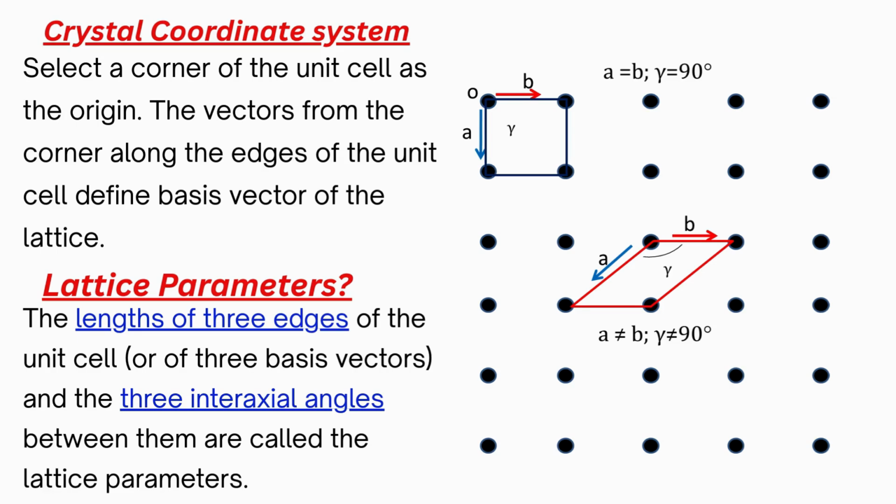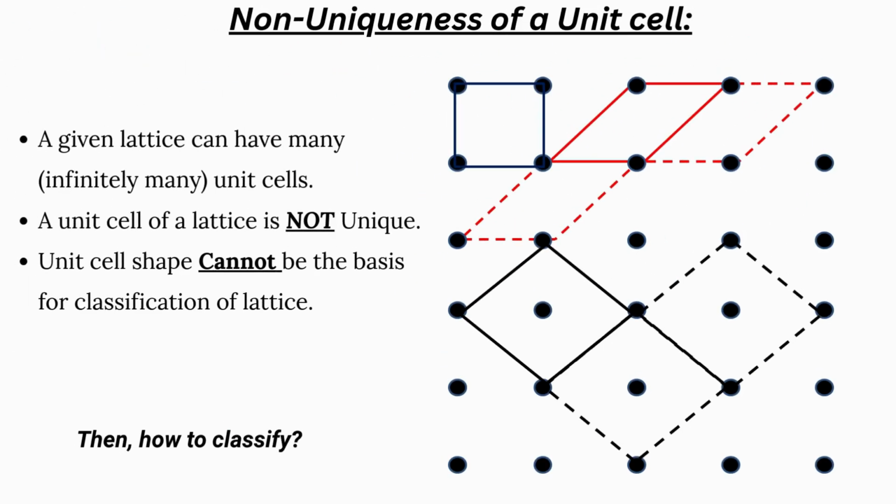This kind of classification we should not use to define a crystal system, because the crystal system is not defined by the lattice alone; an atom must also be present in the lattice. So the crystal system is nothing but lattice plus atom, since it is not valid to define it with a lattice alone. And very interestingly, why should we not define a lattice by its shape?